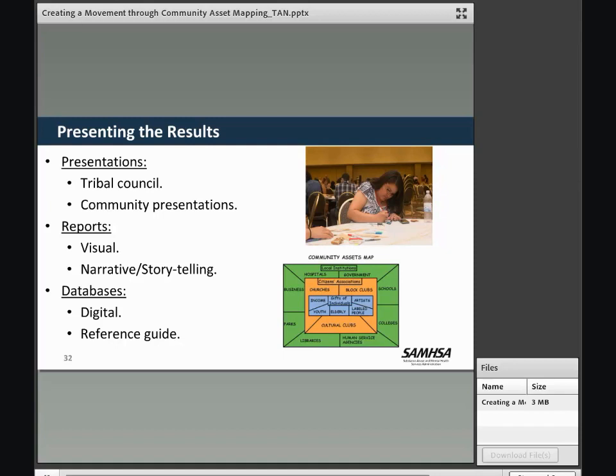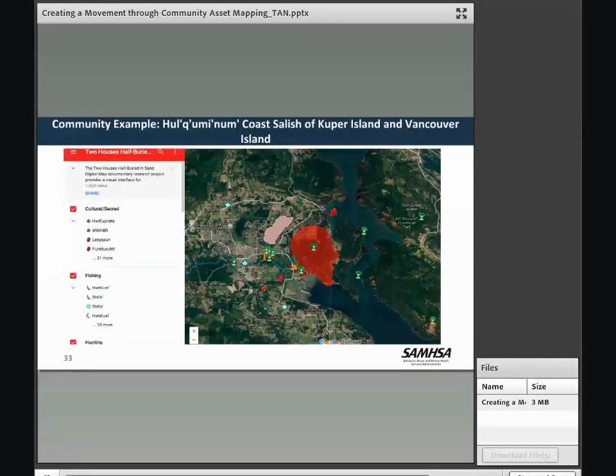Is it in a visual report? Is it in a narrative? And would there be a digital database with all these assets that you've collected, or a reference guide? This could be a number of different things, but just think about how you want to present the data and to whom.